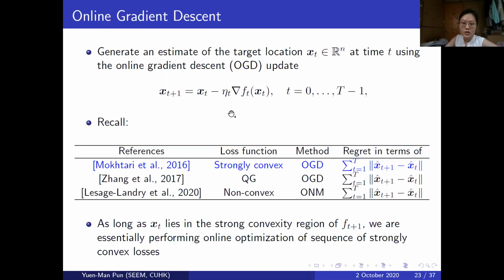Of course, as we recall, we have some results on online optimization on a sequence of strongly convex functions. So as long as we ensure that xt lies in the strong convexity region of ft+1, we are essentially performing online optimization of a sequence of strongly convex losses. But how to establish that xt lies in the strong convexity region? So we have to do it now.